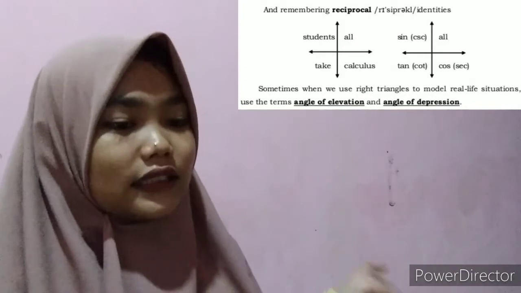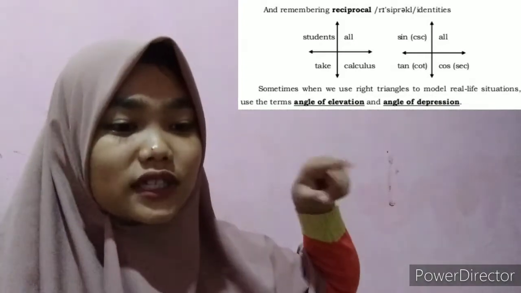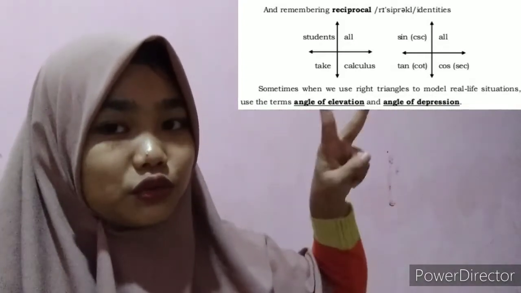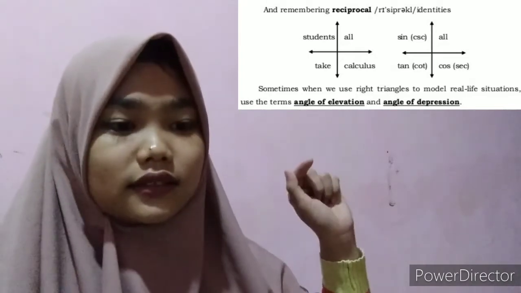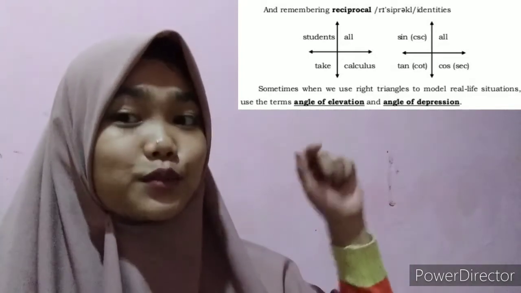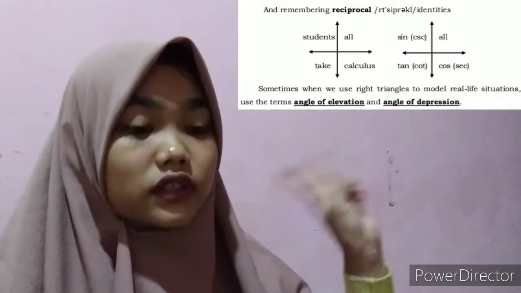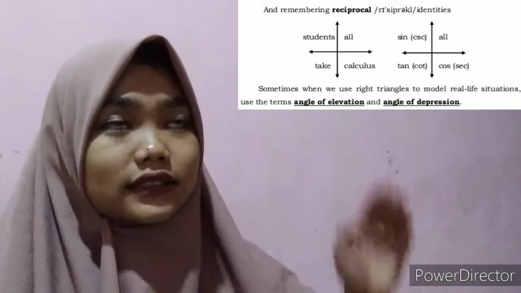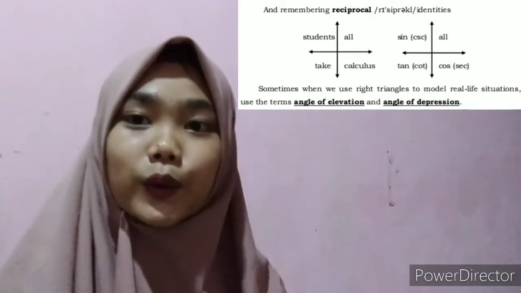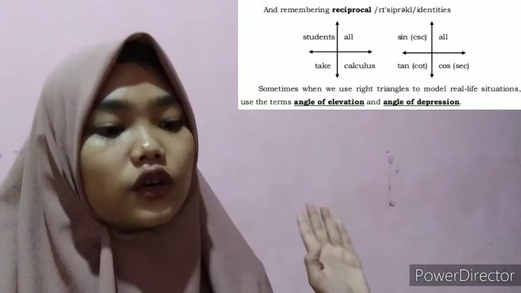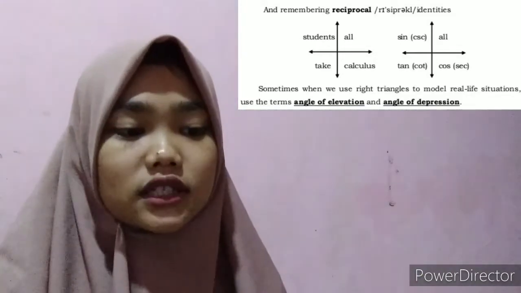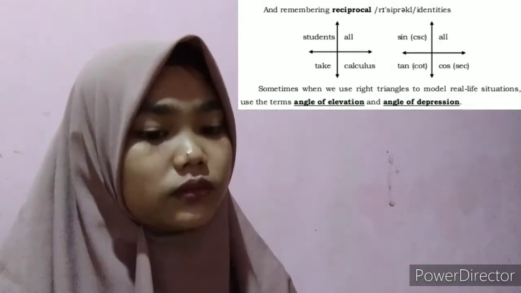Like this: in quadrant 1 all are positive, in quadrant 2 sine and cosecant are positive, in quadrant 3 tan and cotangent are positive, and in quadrant 4 cos and secant are positive.